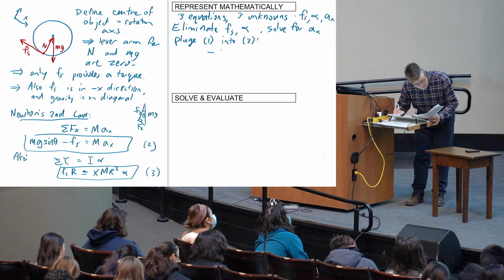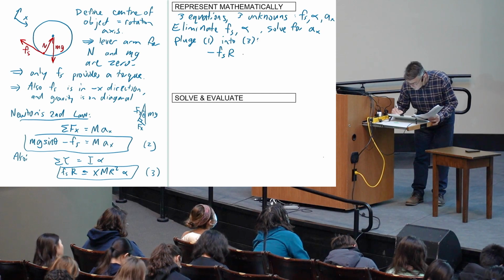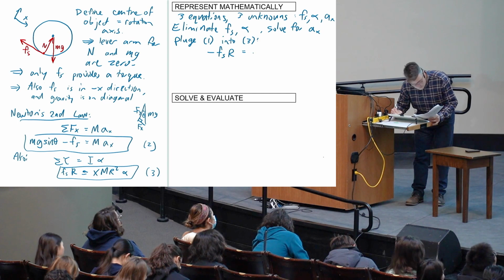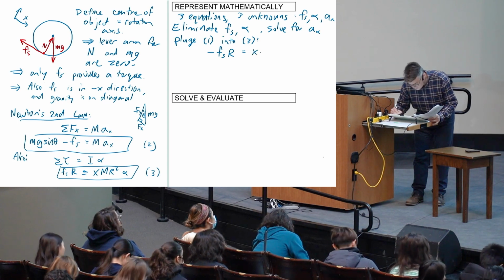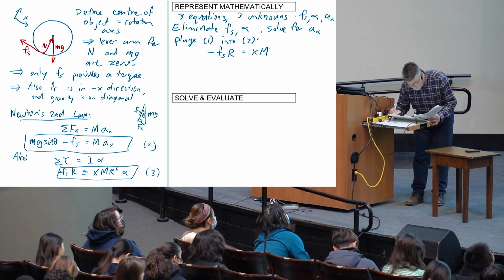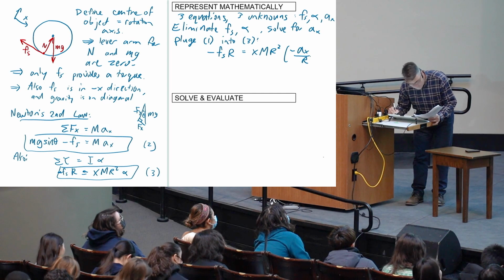So you got negative Fsr equals x m, oops, where's my negative sign? R squared times negative A sub x divided by r.